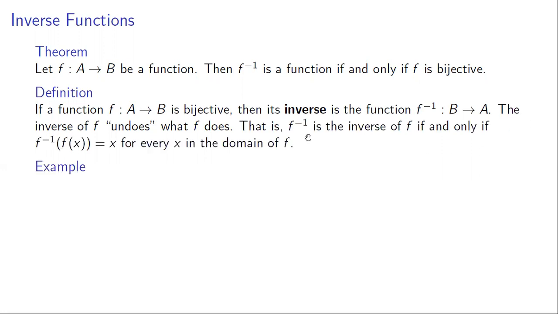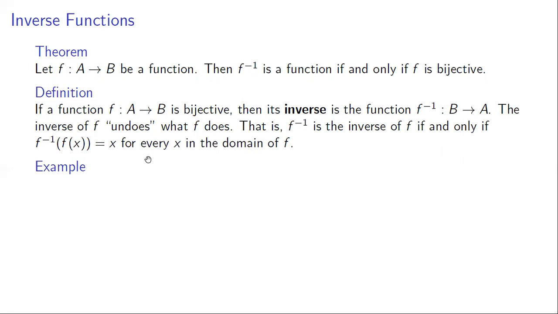That is, f inverse is the inverse of f if and only if f inverse of f of x is equal to x for every x in the domain of f. So what does this mean? This is a formal way of saying that the inverse of a function undoes what the function does.